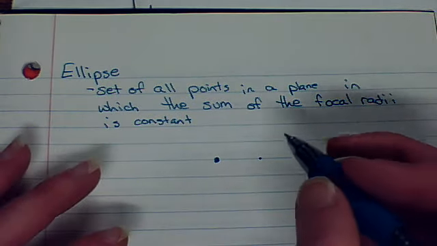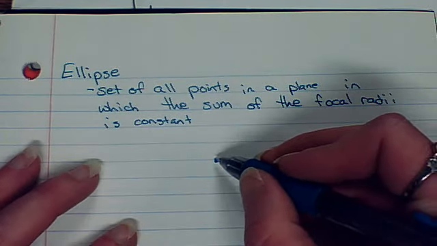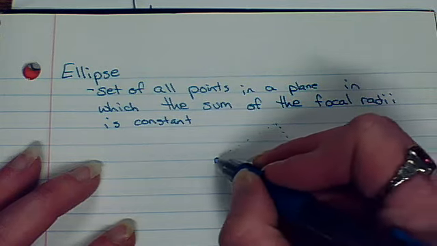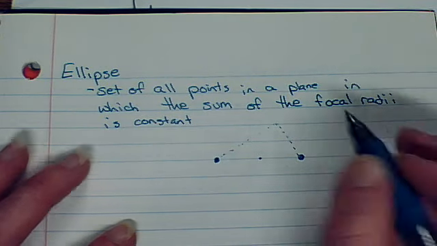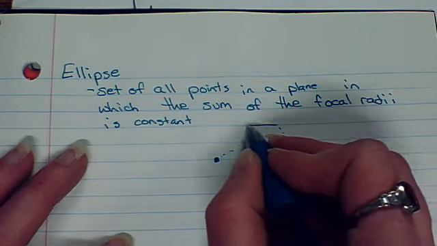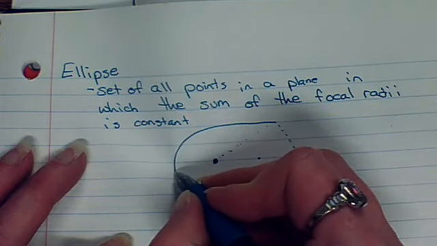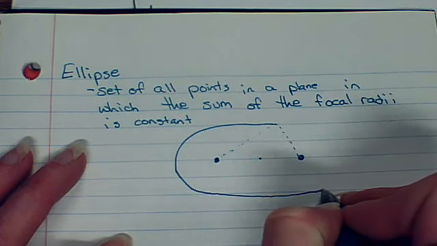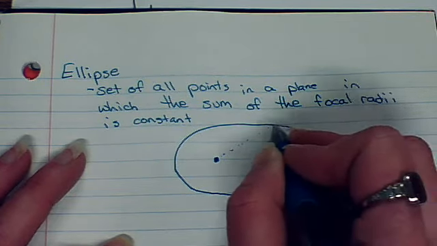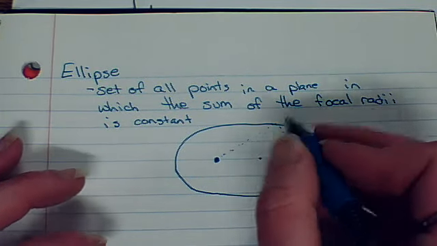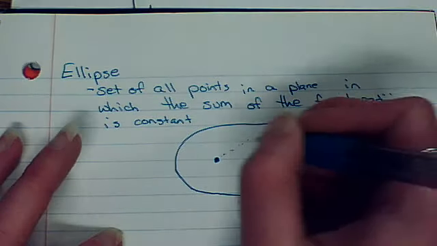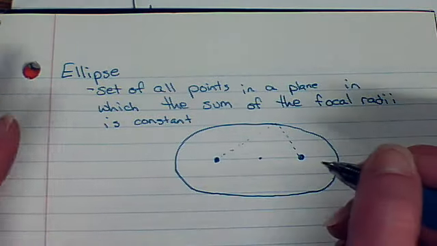Now, every point that comes out of here, if I added up the distance from these two foci to the edge of the ellipse, I get a constant. And we can try this out by using string and a pencil going from these 2 points. And you'll actually do that in one of your activities.